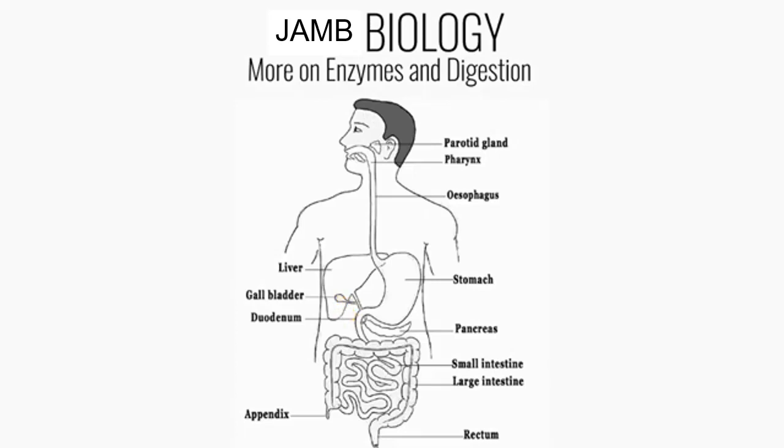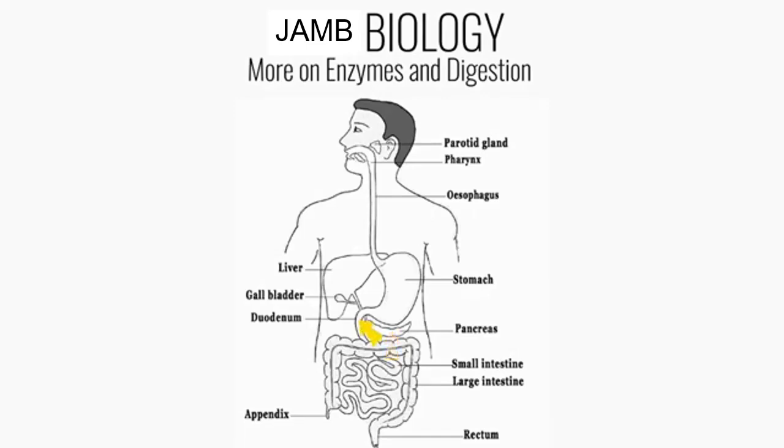Okay, so here we have the pancreas. The pancreas actually has enzymes for proteins, for carbohydrates, and for lipids. So over here we will have proteases, amylase, and lipase. These enzymes will be released into the small intestine.